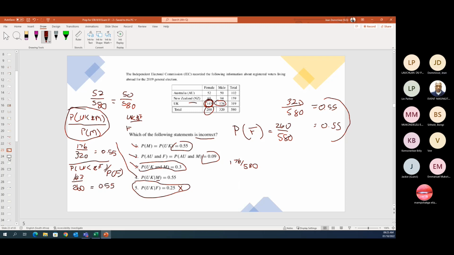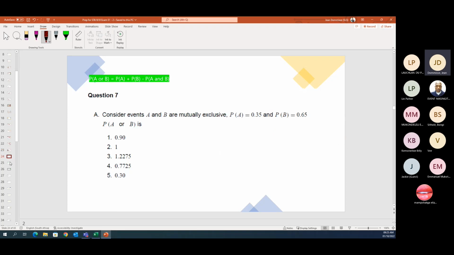Okay. Next one. Consider events A and B are mutually exclusive. So if we know A and B are mutually exclusive, we know that the probability of A and B is 0.